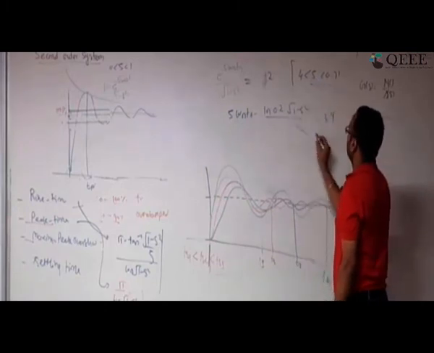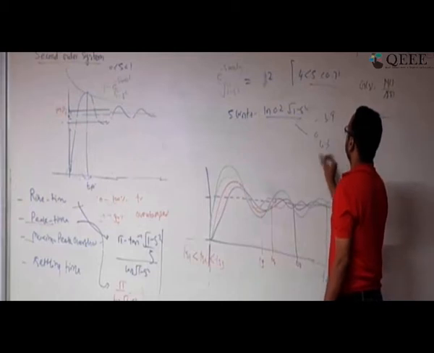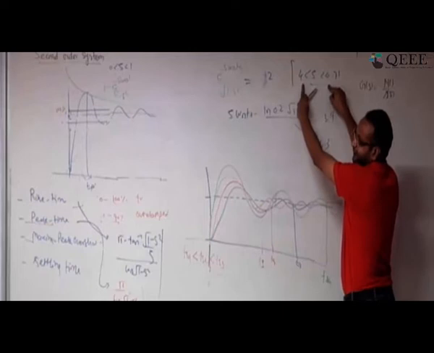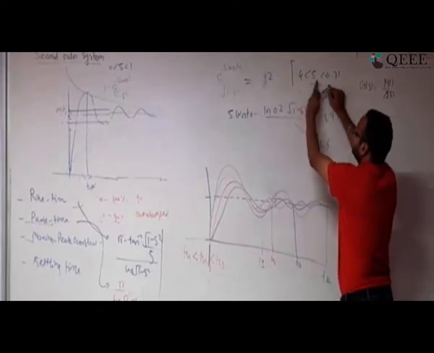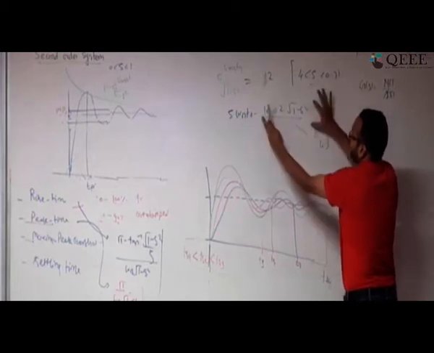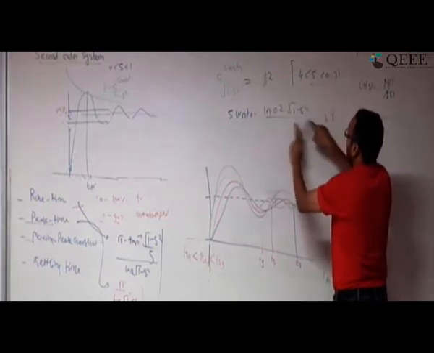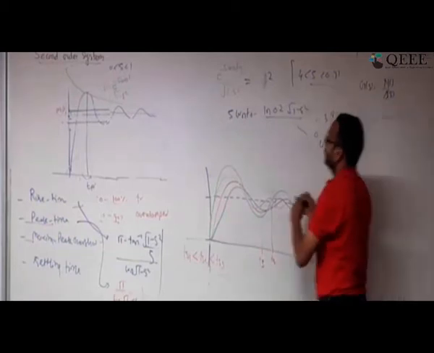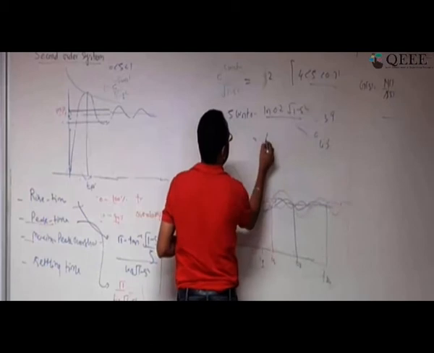If you take zeta equal to 0.7, it comes to 4.3. I know that in most practical systems zeta is desirable between 0.4 and 0.7, and I am finding this quantity at 0.4, where it is 3.9, and at 0.7, where it is 4.3. So it has been written that it takes this as 4.